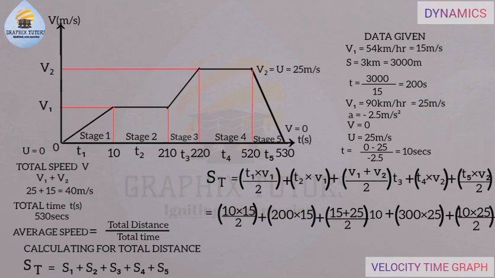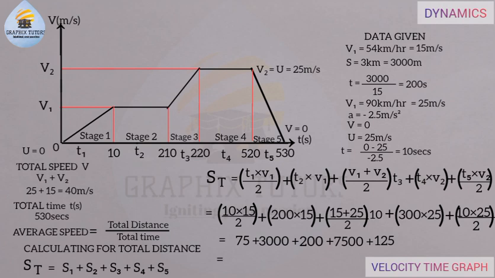Now when you put the needful, 10 times 15 divided by 2 is 75, plus 200 times 15 is 3000, plus 25 plus 15 divided by 2 all multiplied by 10 gives us 200, plus 300 times 25 gives us 7500, plus 10 times 25 divided by 2 gives us 125.